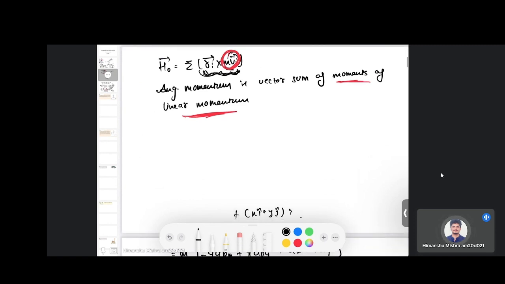And if I take the time derivative of the above quantity, H dot O, then I will get r dot cross mv plus r cross m v dot, right?